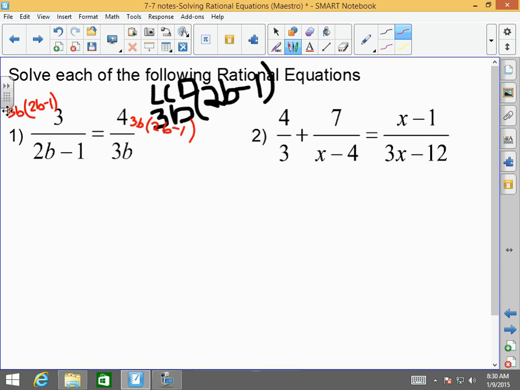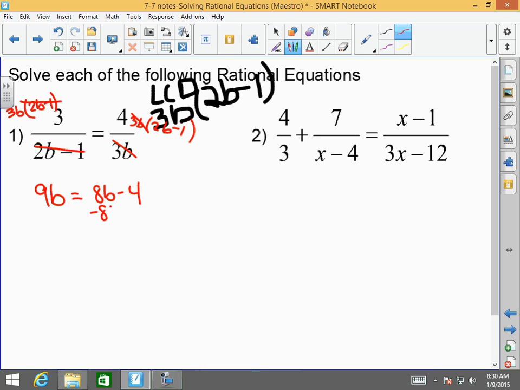When this occurs, what is 2b minus 1 divided by 2b minus 1? It cancels. So what am I left with in the numerator? 9b. Over here, what is 3b divided by 3b? Cancels. So what am I left with in the numerator? 8b minus 4.